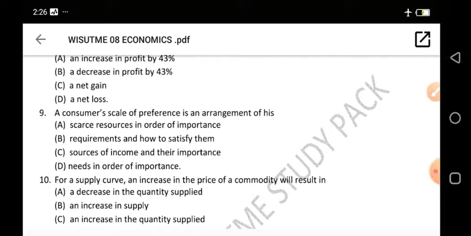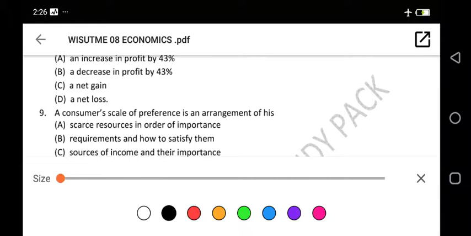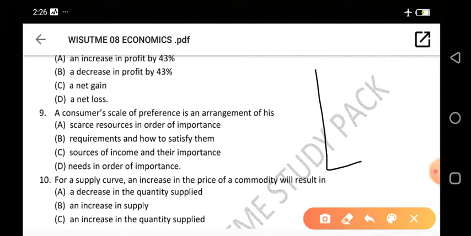Number 10, for a supply curve, an increase in the price of a commodity will result in... If you remember your supply curve, which is like this. I've drawn that before, but let's draw it again. That's how your supply curve looks.